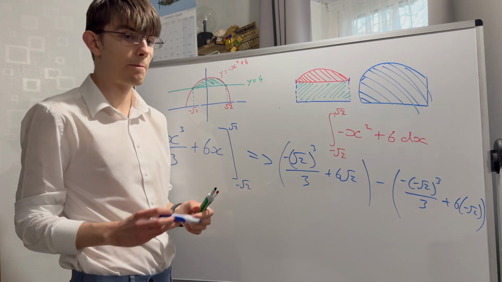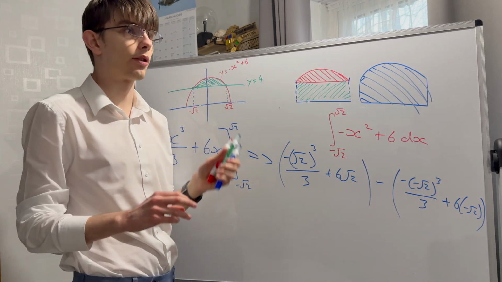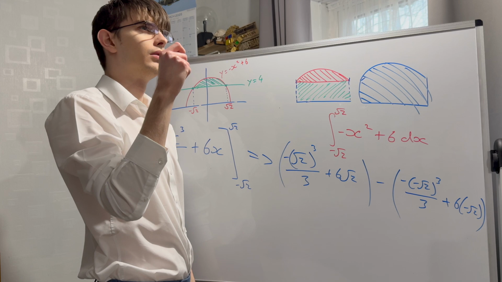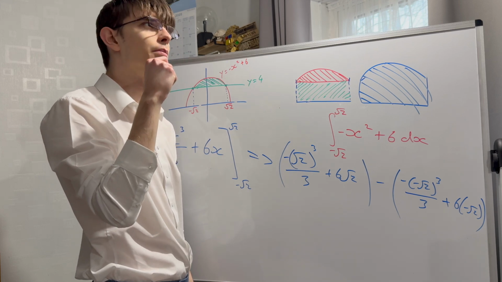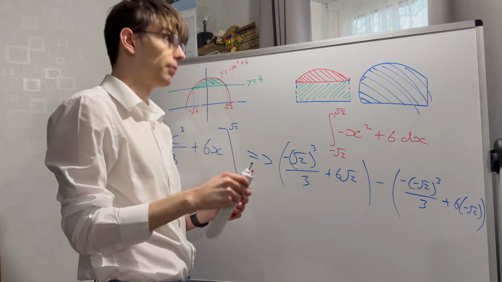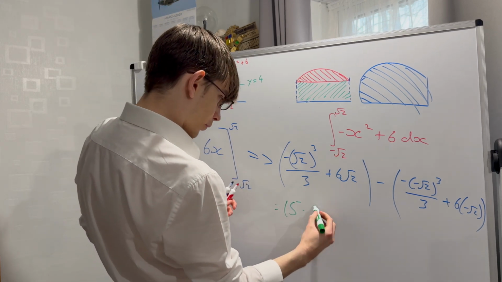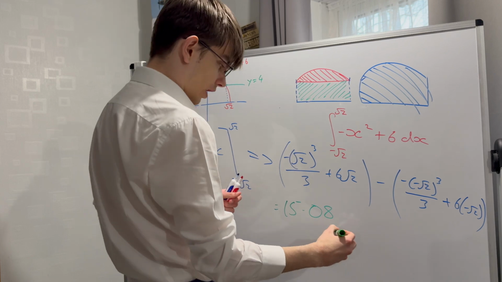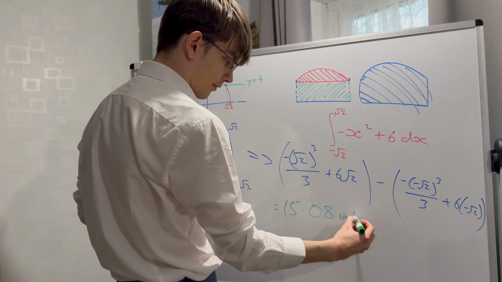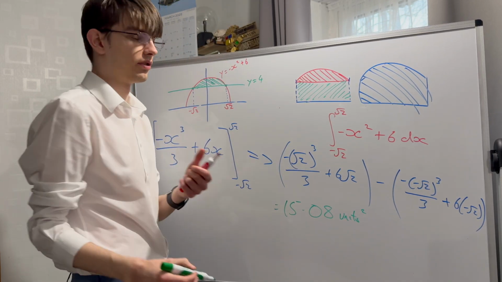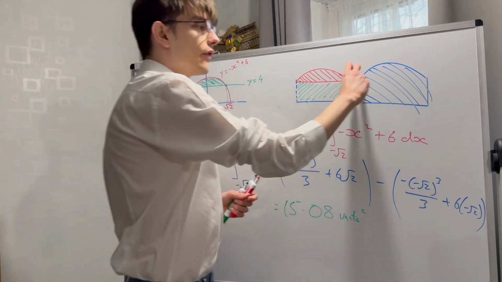Now, if I just quickly calculate that in my head, I get 15.08 units squared. Haven't got any units yet, so we'll stick with units squared. That is the area of this blue thing.